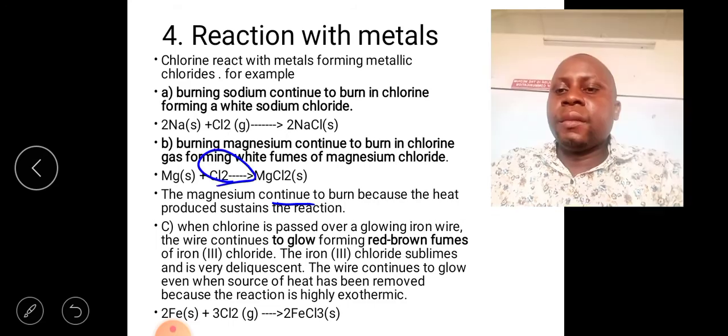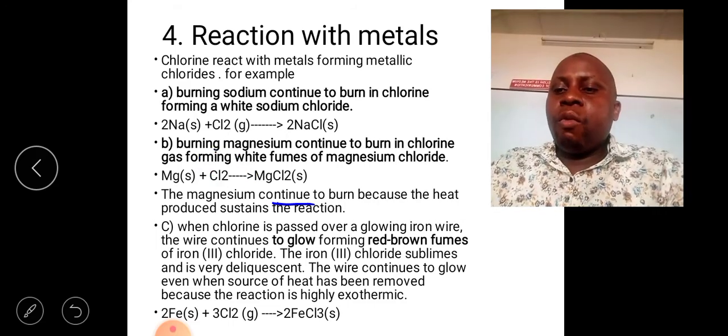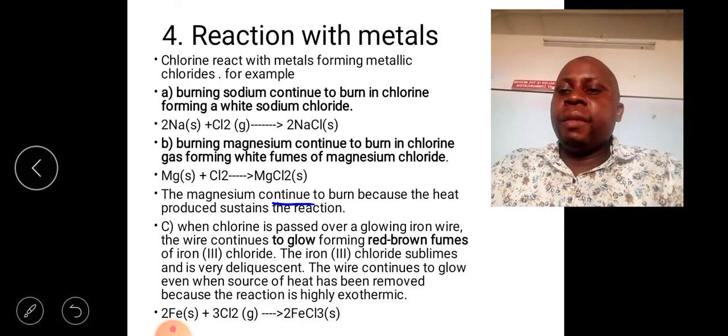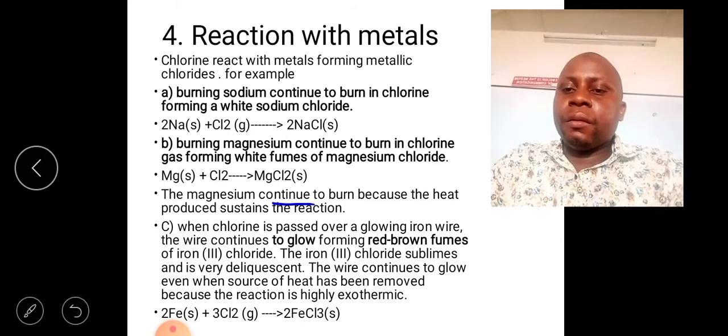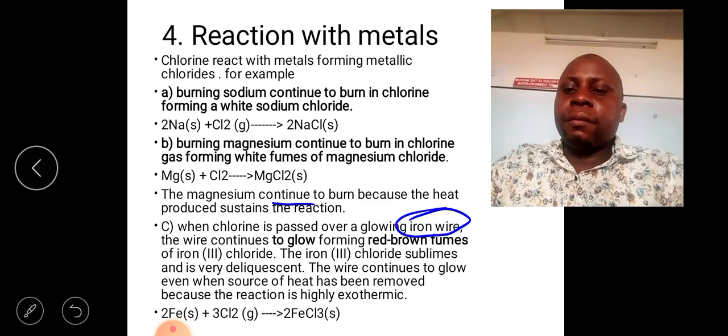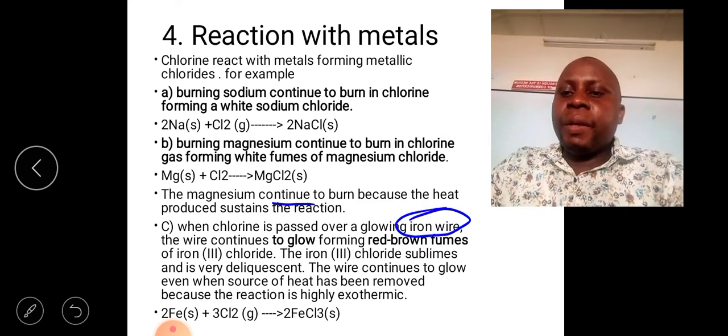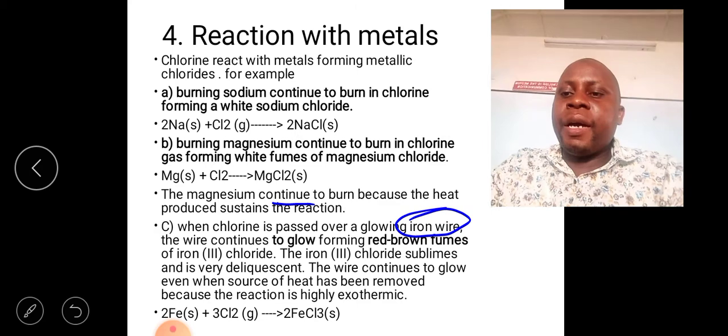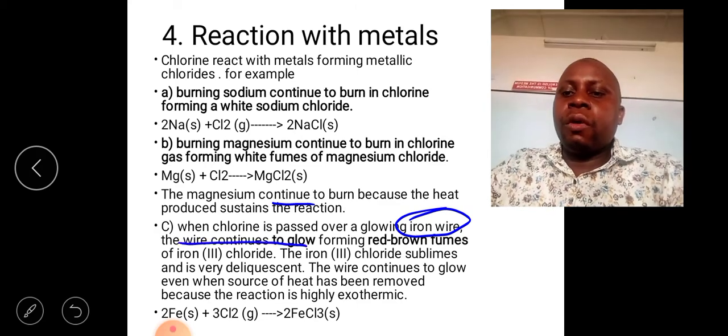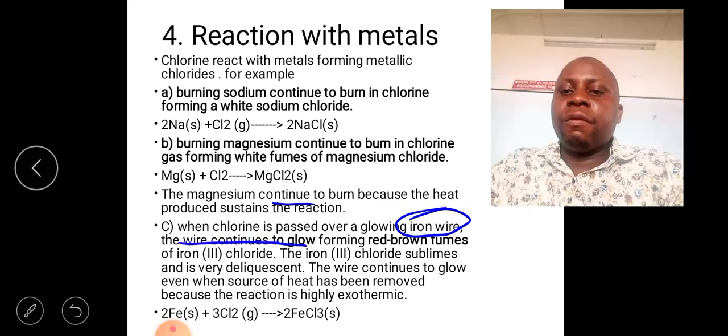Now, what happens when chlorine is made to react with iron wire? When chlorine is passed over glowing iron wire, the wire continues to glow, even if the heat is removed.